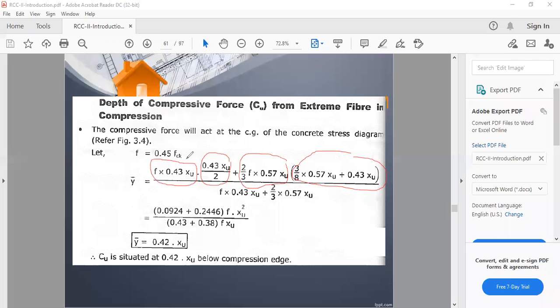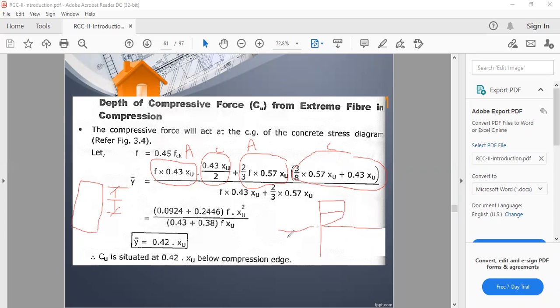So you can write down here: this is area, and this is CG. This CG distance has been calculated from the top of the fiber. Suppose this is the top fiber, and from here the first CG and then the second CG will be calculated, because up to this part you have the rectangle, and up to the neutral axis you have the parabolic part.